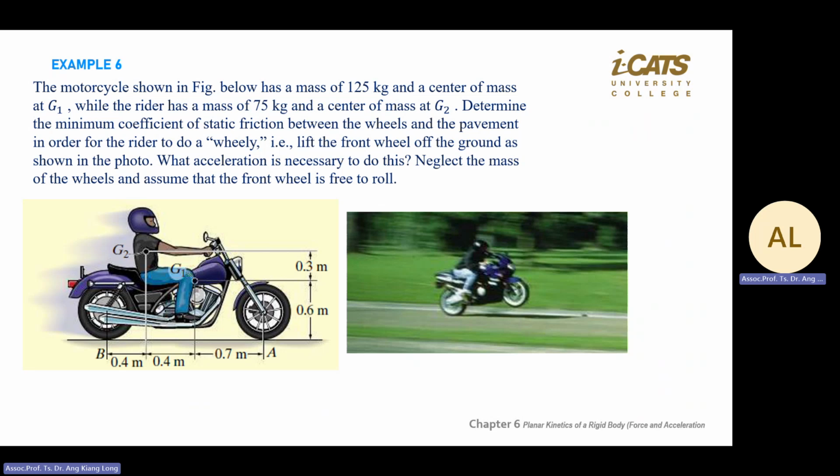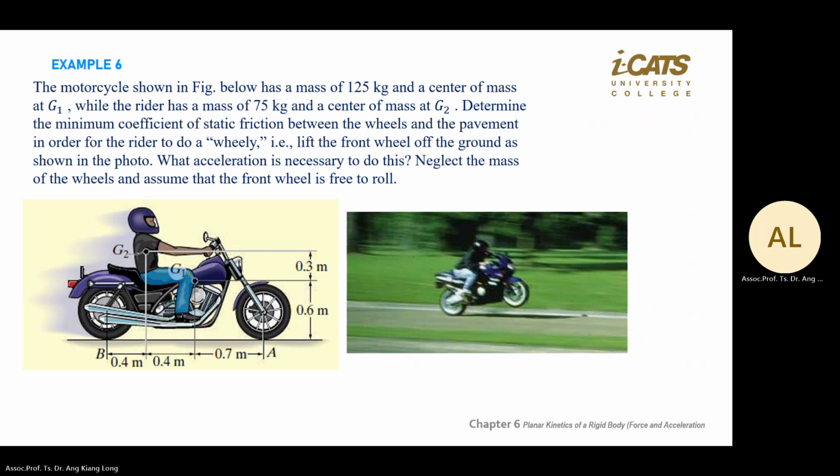You have two objects with two centers of mass, G1 and G2. You need to solve the two objects separately and then combine the answer. You are given the mass and center of mass. Determine the minimum coefficient of static friction, mu s, and not mu k, between the wheel and the path in order for the rider to do this action.